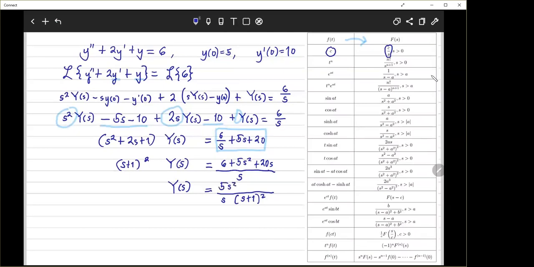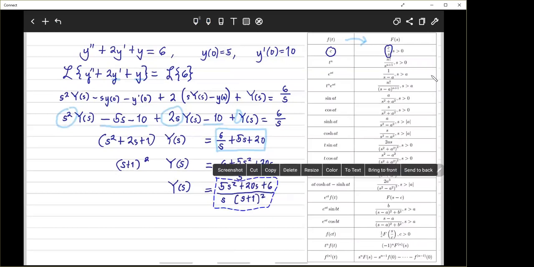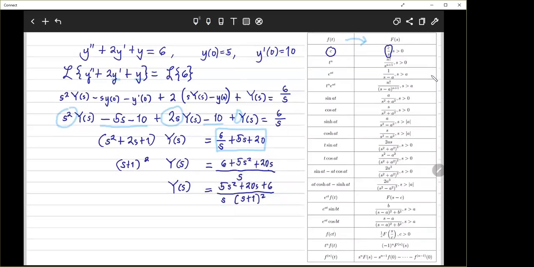So 5s squared plus 20s plus 6. So now we get to the partial fractions. I will copy this rational function first. Okay. And I will compute the partial fractions on a different page.